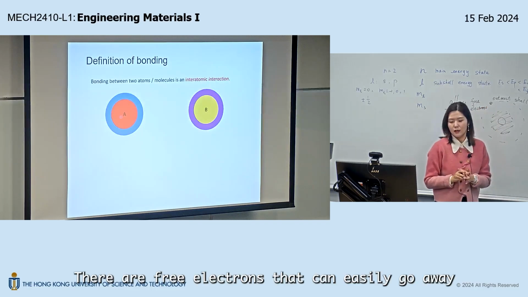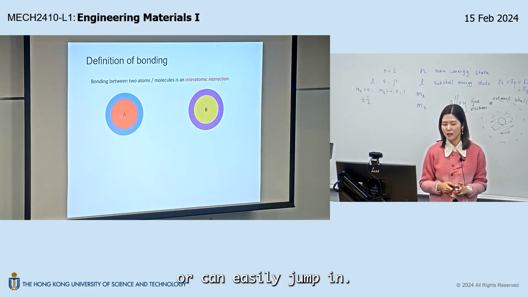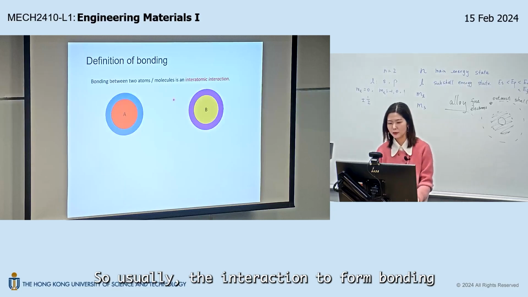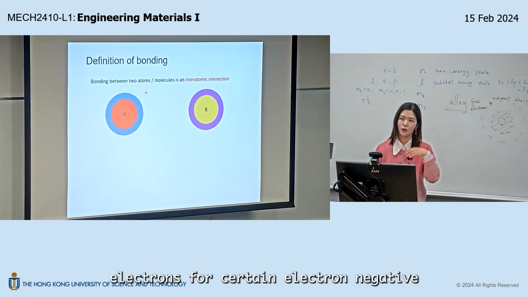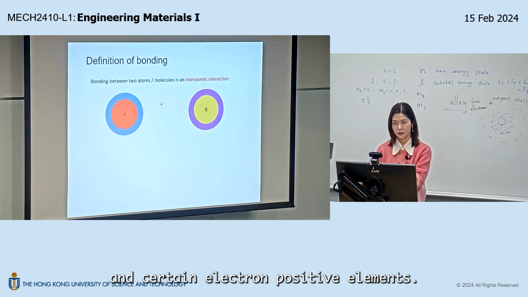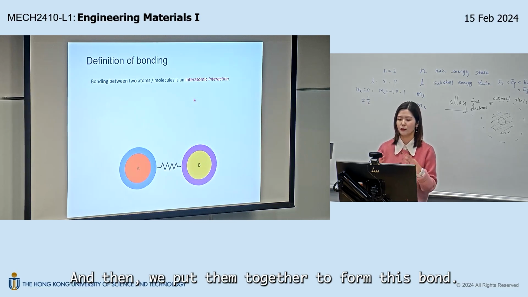They can easily go away or jump in. So the interaction that forms a bond is the interatomic interaction between the outermost free electrons of certain electronegative and certain electropositive elements. Then we put them together to form this bond.